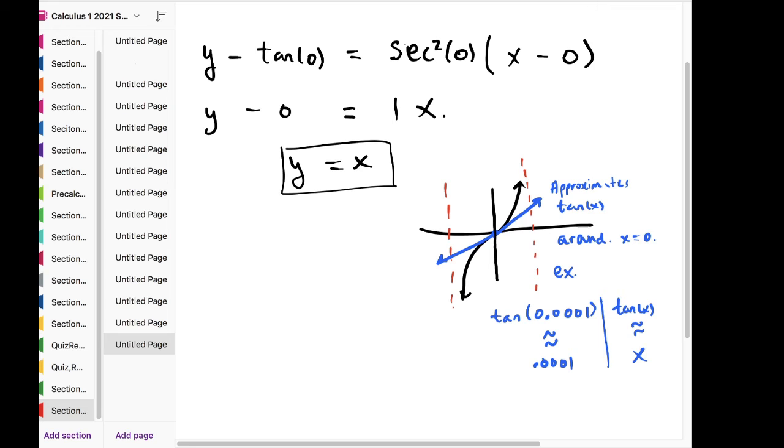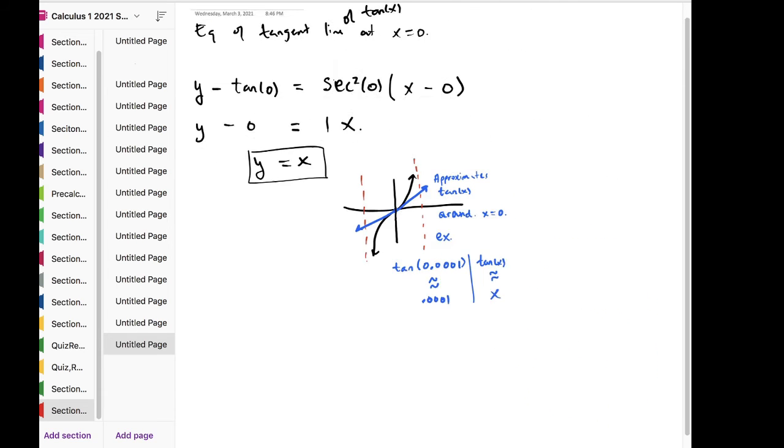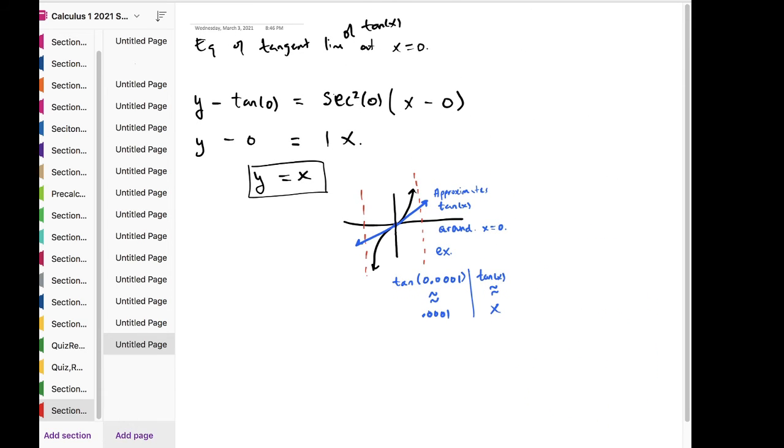And we kind of get the idea there of the purpose of this derivative and tangent lines. It kind of gives you a behavior around a point in a function. So we'll do it later, but it just popped up. Okay, so let's continue on with some more trig functions.